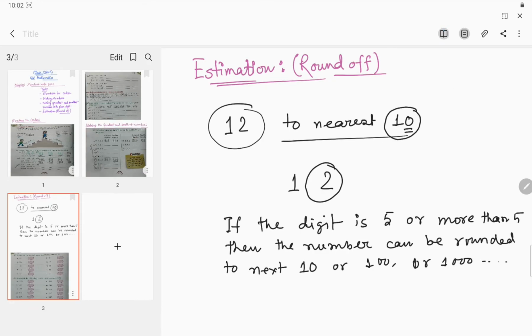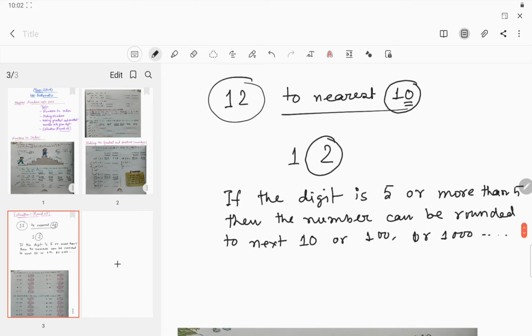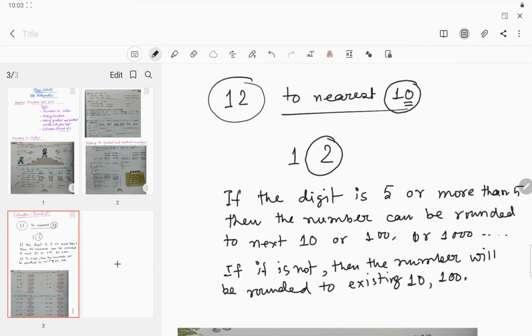So if it is not, that means if the digit is less than 5, then the number will be rounded to the existing 10 or 100.